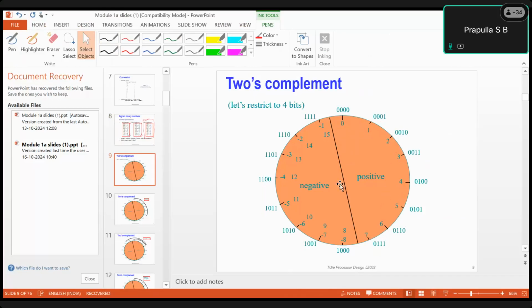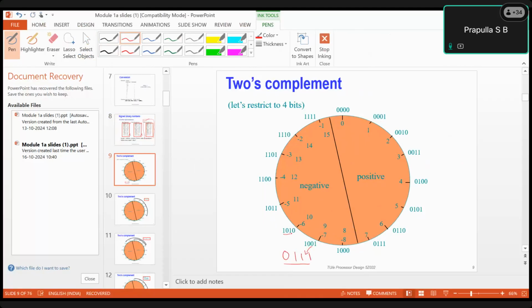For negative numbers, it is different. Okay, so if you have to represent 8, 9, 10 up to 15, so if you negate those numbers, what is it? Minus 8. This will be minus 7. How do you know it is minus 7? If you convert this back, 0111.